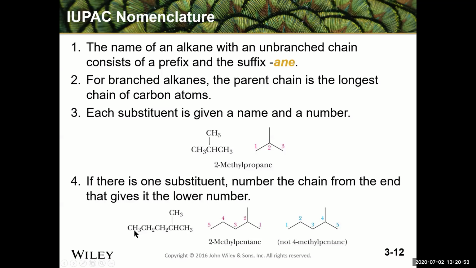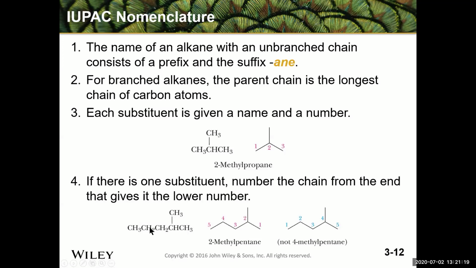So the parent compound here, let's count 1, 2, 3, 4, 5, or 1, 2, 3, 4, 5. It doesn't matter if we go this way or this way. Actually, let me correct myself, I'm jumping ahead.